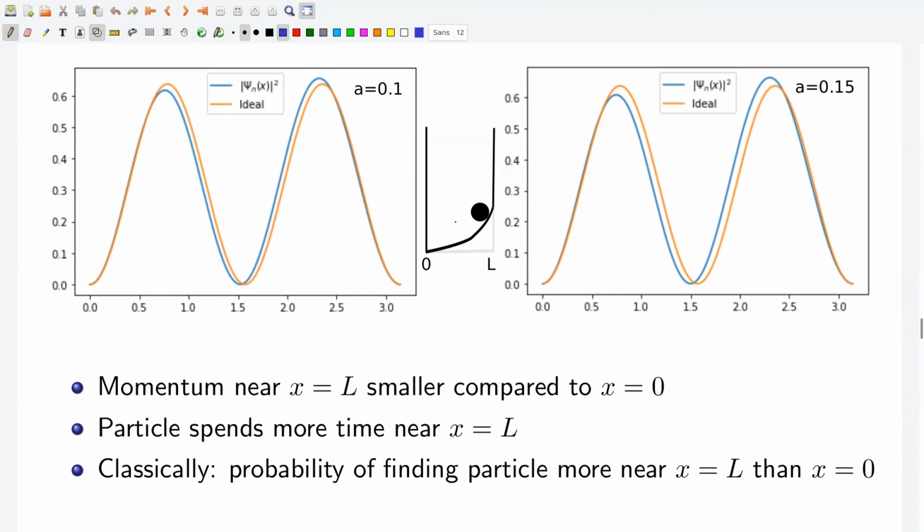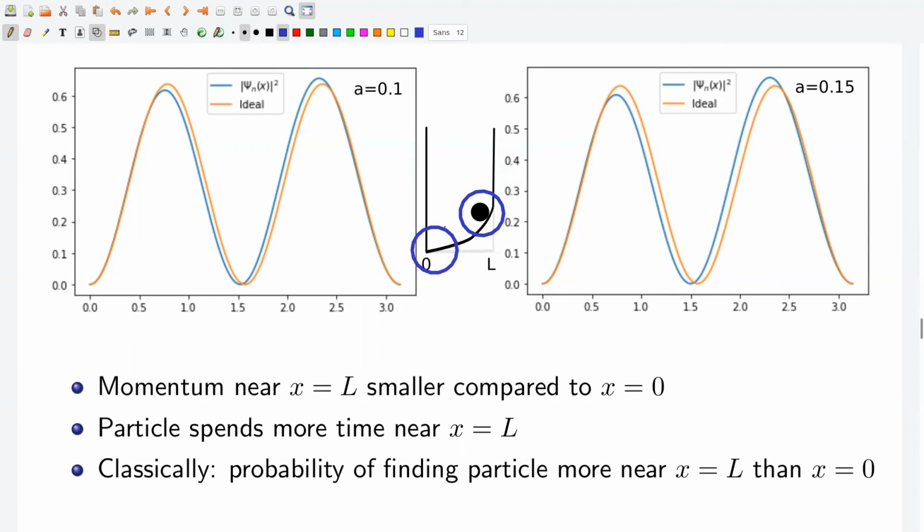First, let us try to understand what do you expect classically. Total energy, that is kinetic energy plus potential energy, is conserved. In the region near x equal to L, the particle has less kinetic energy because potential energy is high in this region. Thus, the particle has less momentum near x equal to L than compared to the region near x equal to 0.